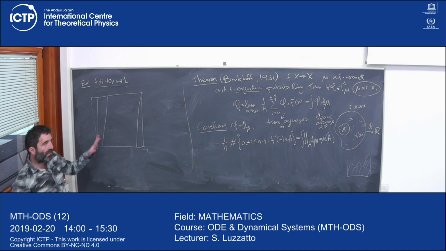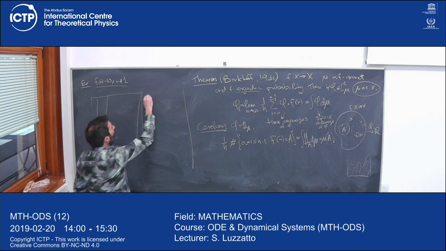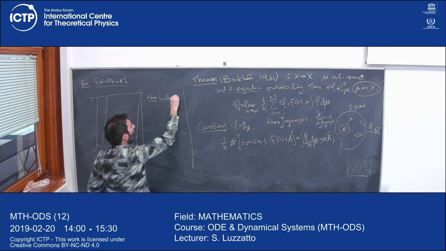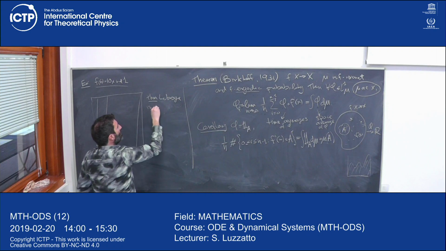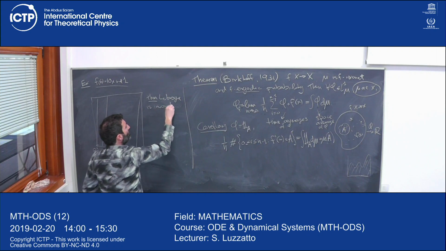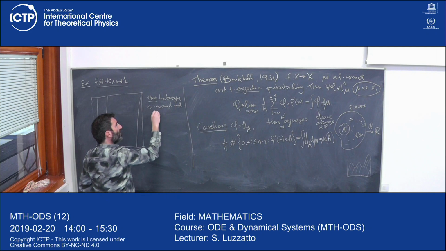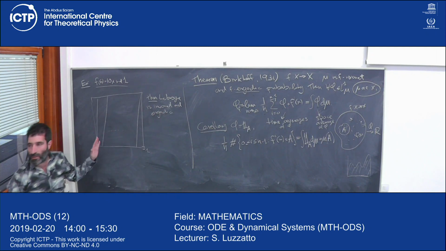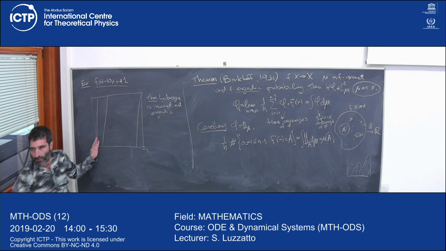We will discuss this more in detail in the next lecture, but for the moment I just want to point out that it is a theorem which we will prove that Lebesgue measure is invariant and ergodic. So invariance we've already shown, invariance is very simple, ergodicity is non-trivial to show.